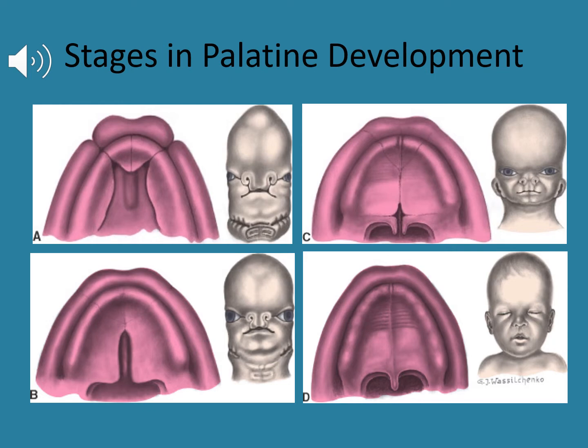This slide is just showing the stages of palatine development. Obviously some of these are during intrauterine life and show how that palate typically develops. But when those processes don't develop properly or close, that's when we are left with a cleft palate.